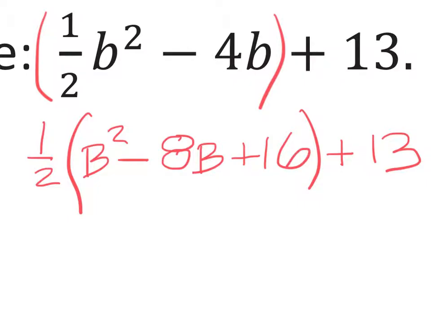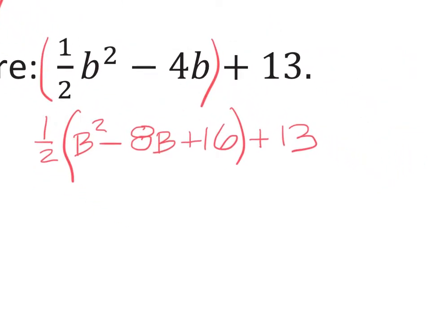What have I really done? I have really done plus 1/2 times 16. Half times 16 is what? 8. So if I've added 8 to my expression, I must do what out to the right?